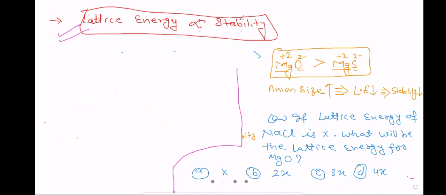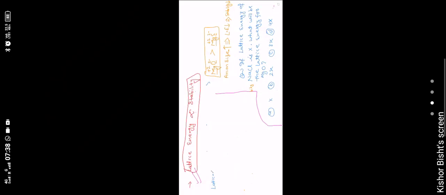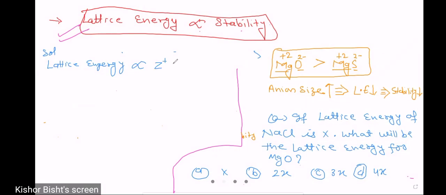How will you do it? You know that lattice energy is directly proportional to Z positive, Z negative. Yes or no? So for NaCl, this is the positive and negative, so lattice energy for NaCl is 1 into 1 equal to 1, meaning X. Clear?